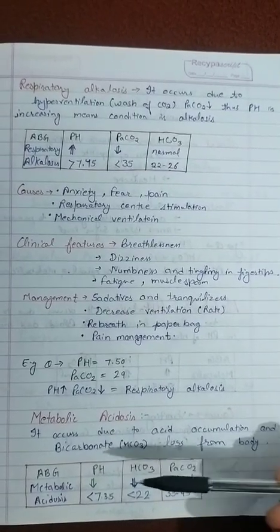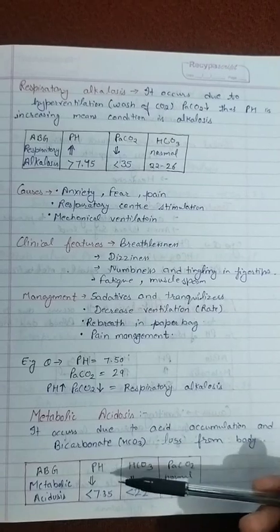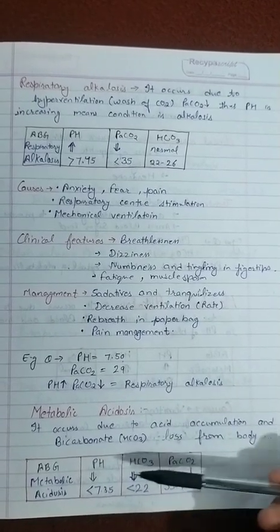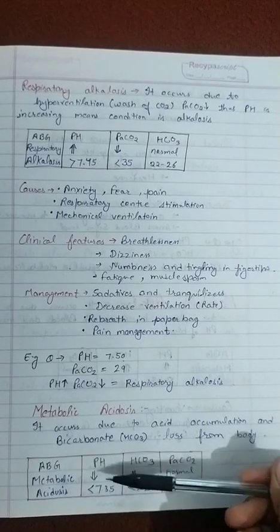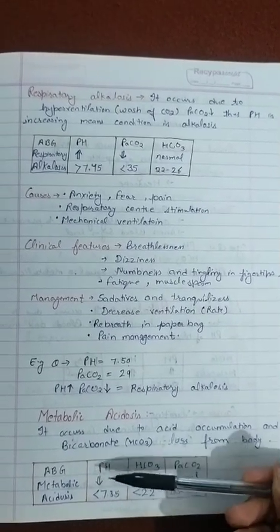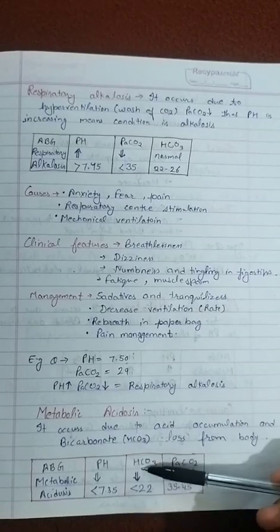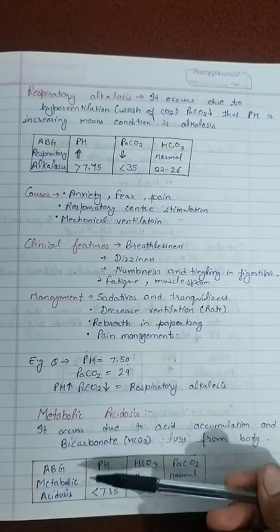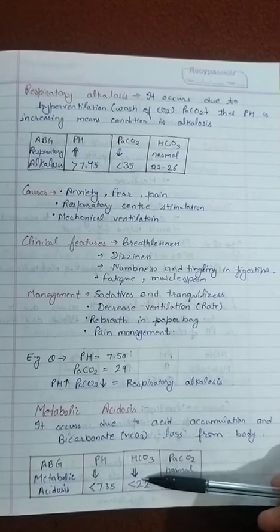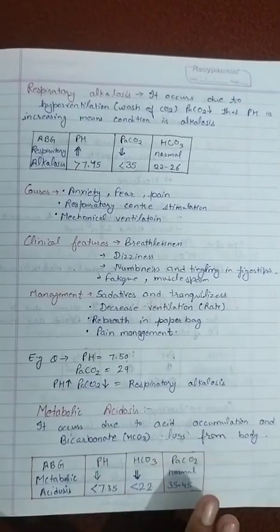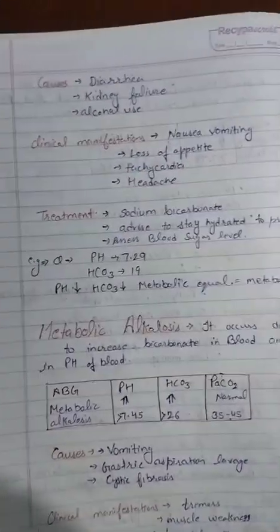So the condition would be metabolic acidosis, as the relation is equal. And we also learned in the ROME technique that the relation is equal in metabolic. So as we can see that the pH is decreasing and HCO3 is also decreasing, means the condition is metabolic acidosis.